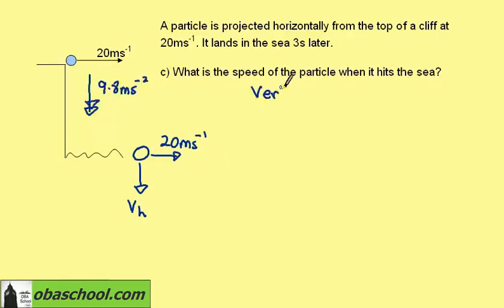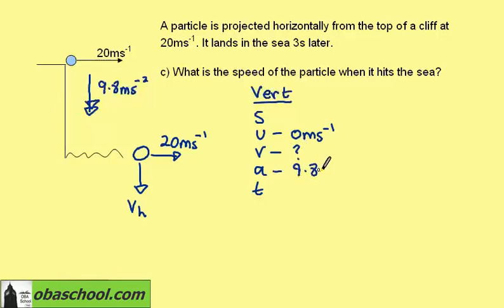To work out the vertical component, we need to once again consider vertical motion. We collect the information we need using suvat. We know the initial vertical velocity is 0. The final velocity is what we'd like to know.